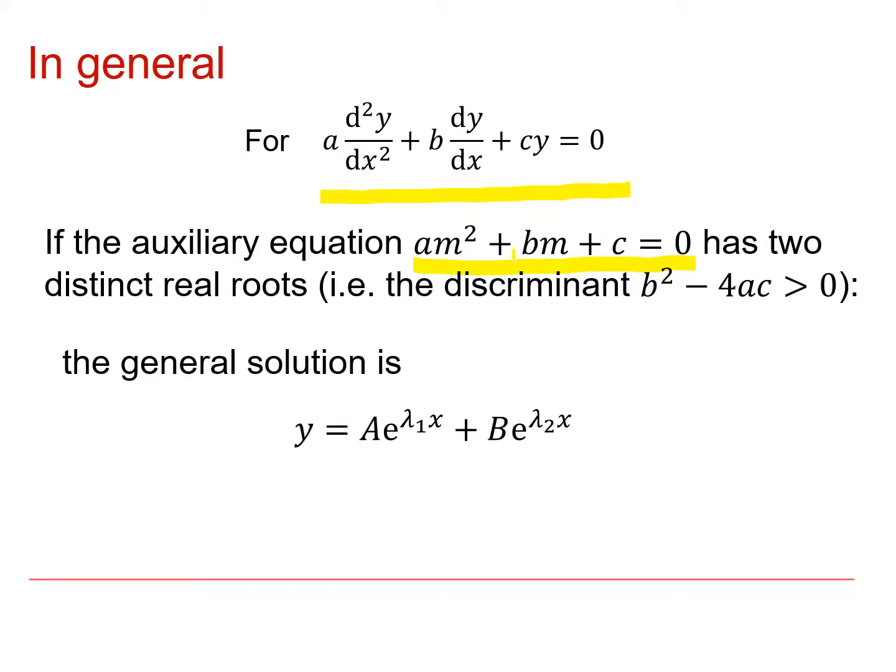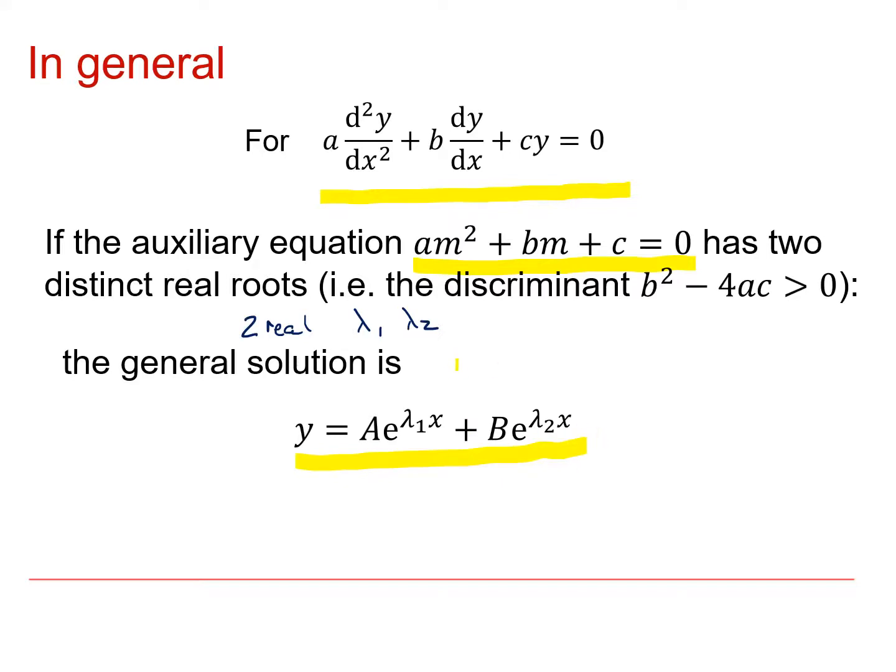The solutions may be real, may be repeated, may be complex, but we can always solve it. And what we've just looked at is what happens if I get two real solutions. So if I get two real solutions, let's call those lambda 1 and lambda 2, then I get a general solution which is of this form: a e to the lambda 1x plus b e to the lambda 2x.